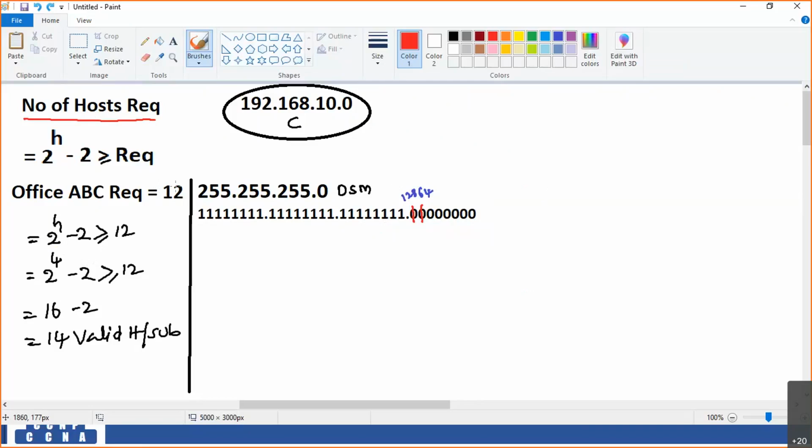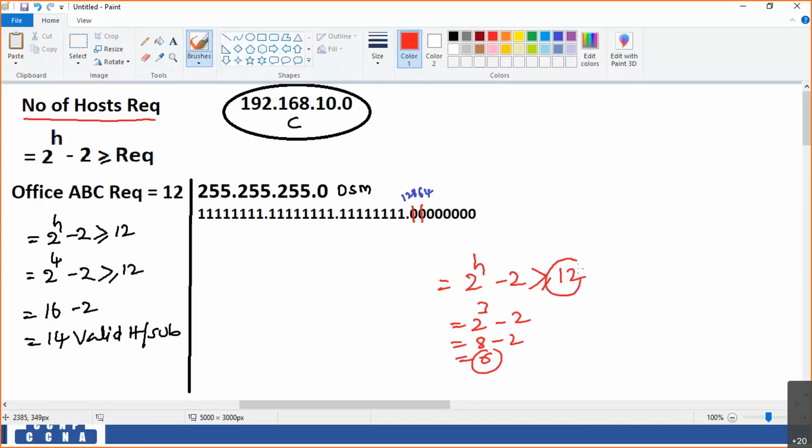See, my requirement is, how many IP addresses do I need? 12 IP addresses. So what's the formula? 2 power h minus 2 greater than or equal to the requirement. My requirement is 12, so the value of 2 power h minus 2 should be greater than or equal to 12. If I use 2 power 3 minus 2, 2 power 3 is 8, minus 2, I get 6.